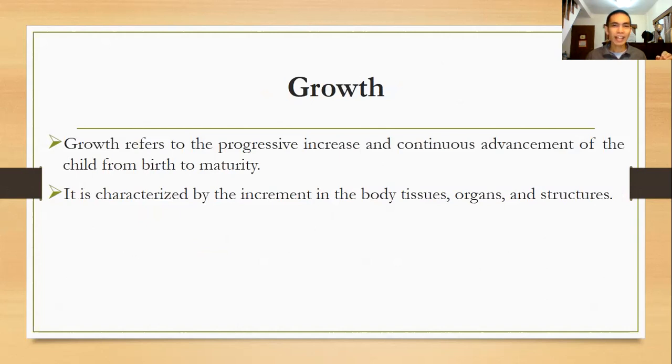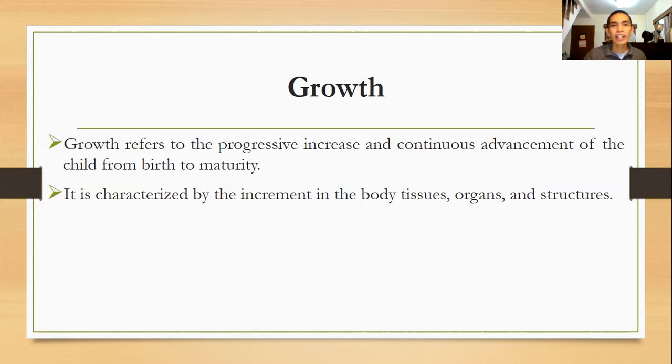Those changes are called growth. That tree is growing. Once a child is growing, they become matured as well. Maturity refers to the inside changes, their thinking and their emotion.